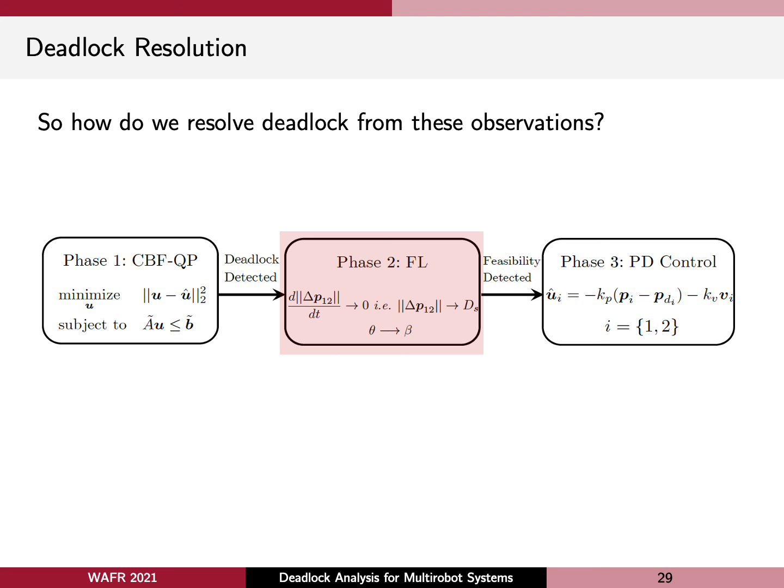It is in this phase that we are leveraging the observation from the previous slide. Finally, once this rotation is complete, we use a simple PD controller to deliver the robots to their goals. In the paper, we make sure to design all these controllers such that safety is always guaranteed throughout their execution.